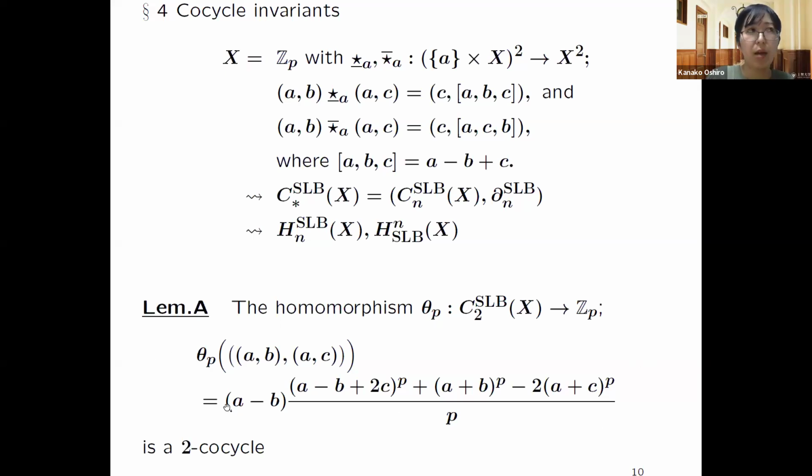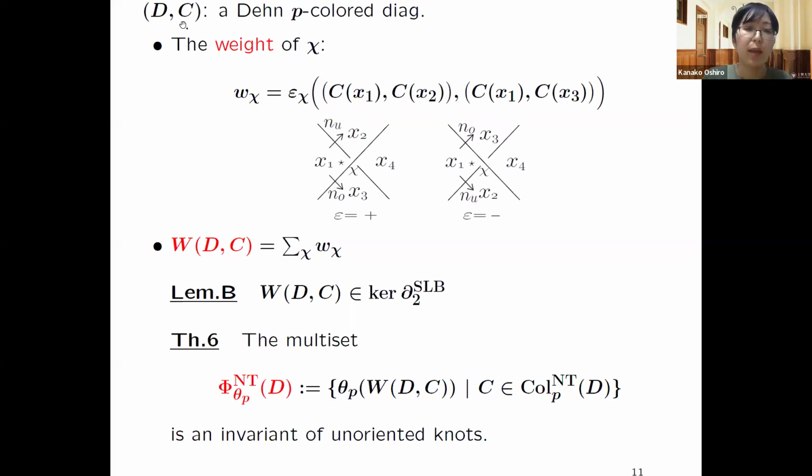This actually comes from the Mochizuki 3-cocycle of dihedral bundles, corresponding to Mochizuki's 3-cocycle. Let us see a Dehn colored diagram. Then we can obtain the weight from each crossing. When we have a crossing, we choose one region from the 4 regions around the crossing.